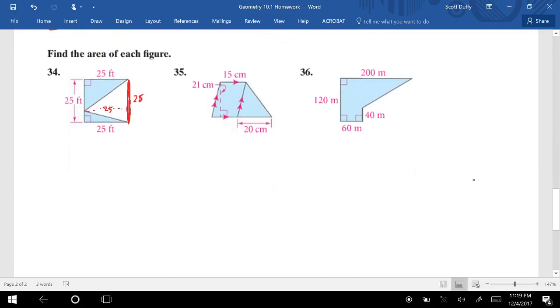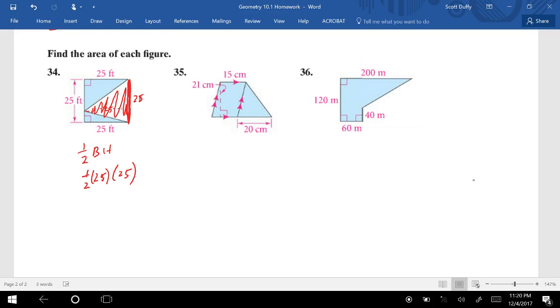So the area of this red filled in triangle would be 1/2 base times height, 1/2 25 times 25. And essentially how we find 1/2 is that a triangle fit inside of a rectangle or square that has the same length of one of the bases and the same height as the other base, then that is going to be 1/2.